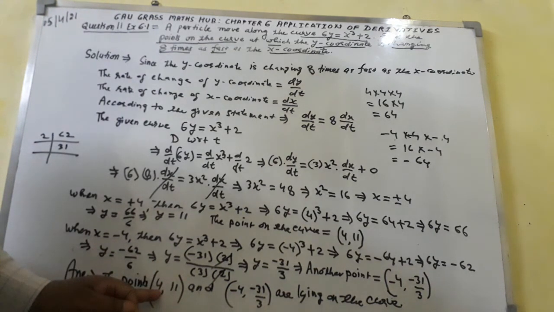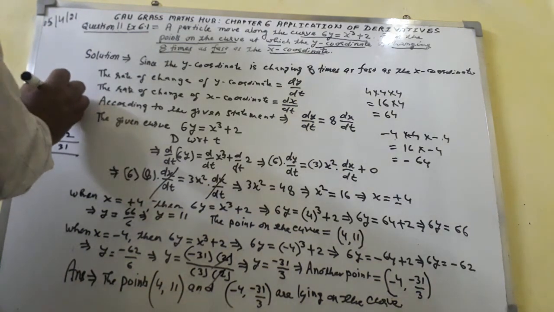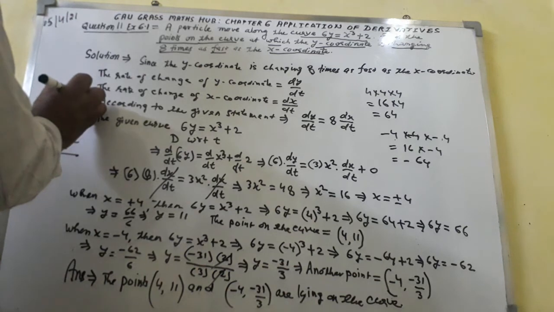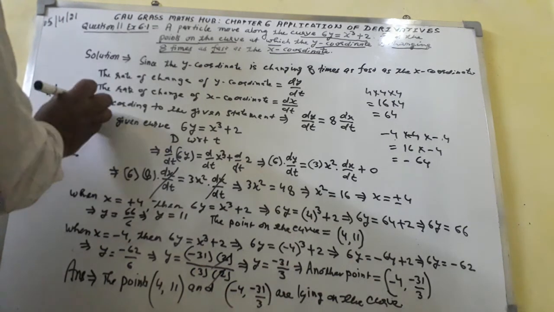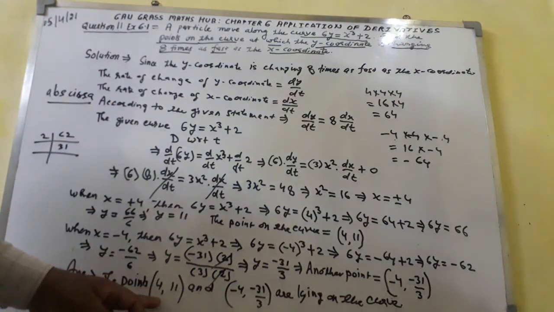Here 4 is abscissa, A-B-S-C-I-S-S-A, abscissa. So here 4 is abscissa and 11 is ordinate. Abscissa and ordinate together make coordinates.